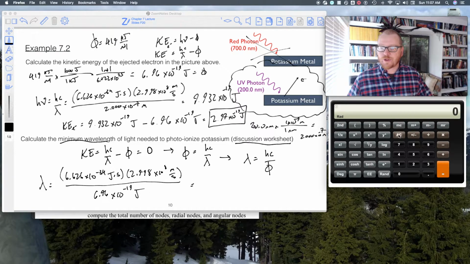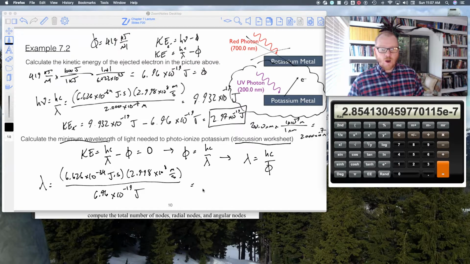Okay, so let's see when we do all of that. 6.626 E minus 34 times 2.998 E8, and then divided by 6.96 E minus 19, equals, okay, cool.